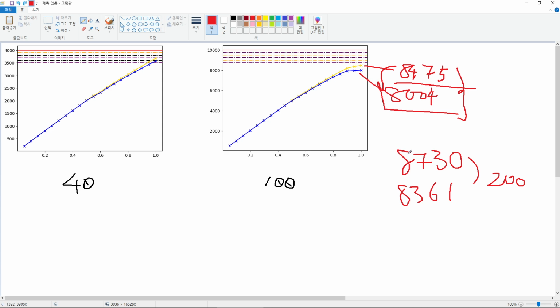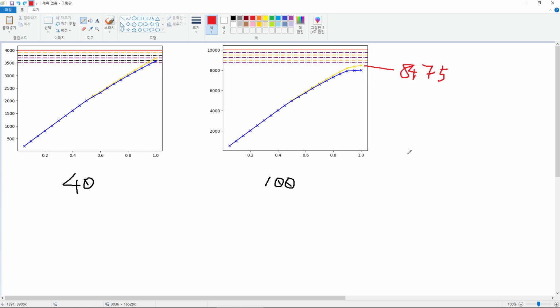And then I thought, since, as I mentioned, 100 items is 2.5 times more than 40 items, the number of entities should also be multiplied by 2.5.